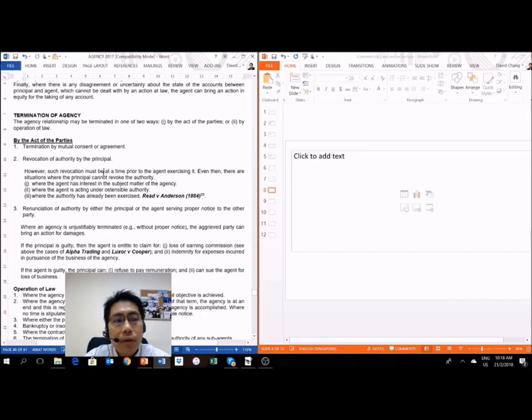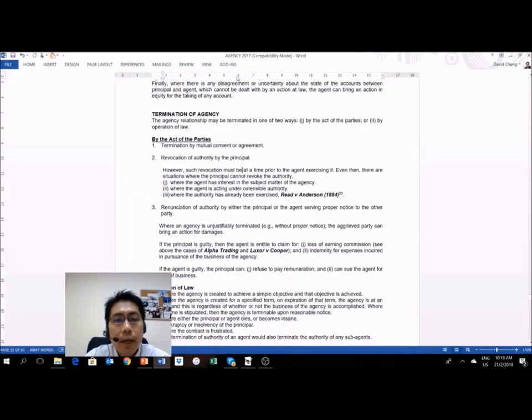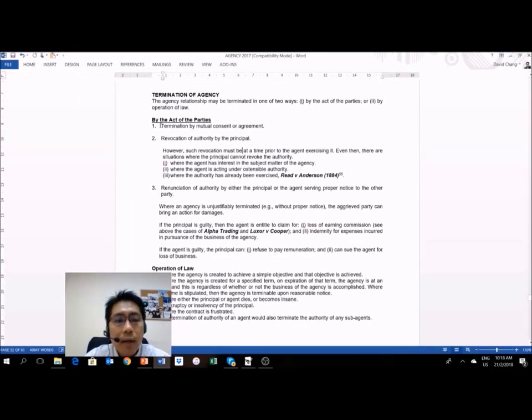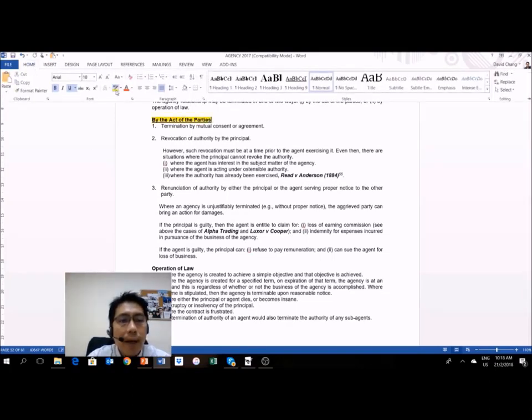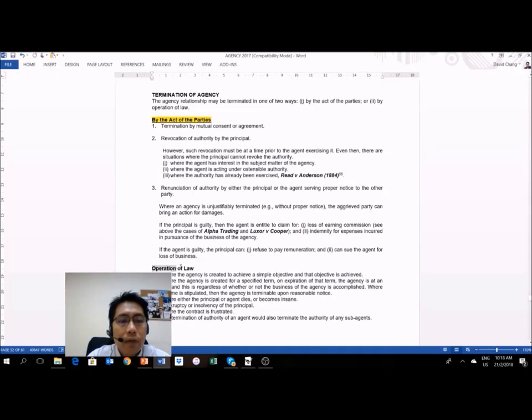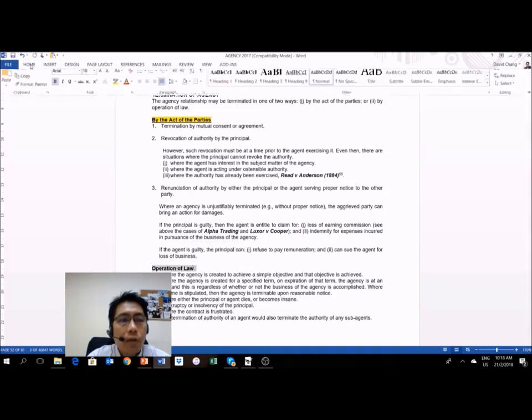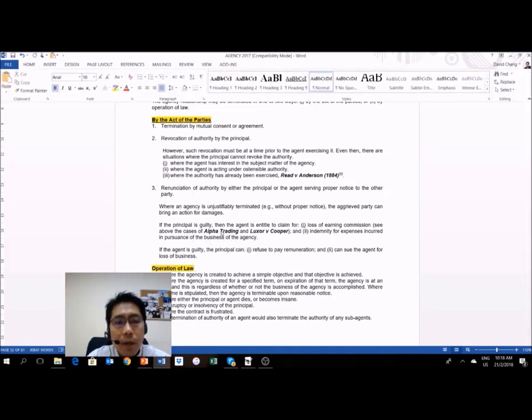But just so that you can look at these notes now, when we talk about the termination of agency, it's pretty straightforward. As you can see, there are two ways an agency can be terminated. Firstly, by act of the parties, and secondly, by operation of law. These are the two methods.